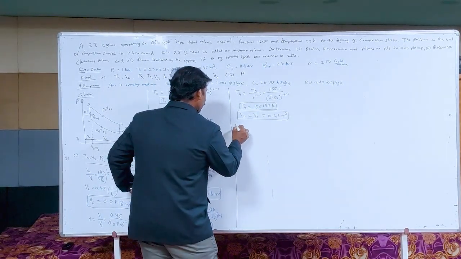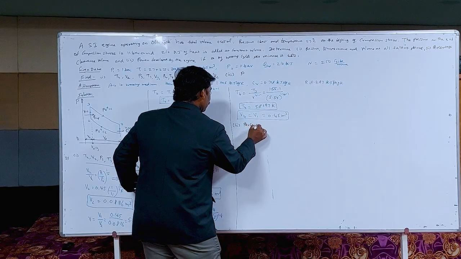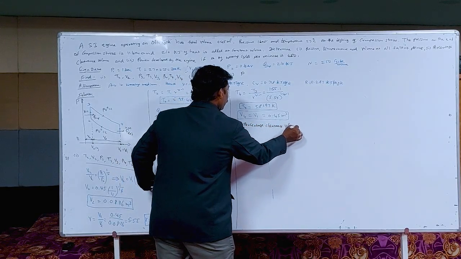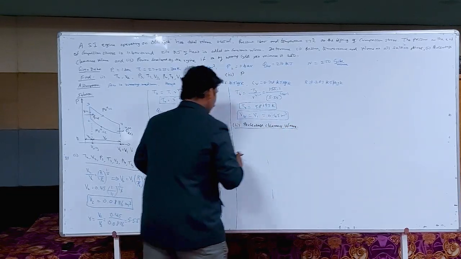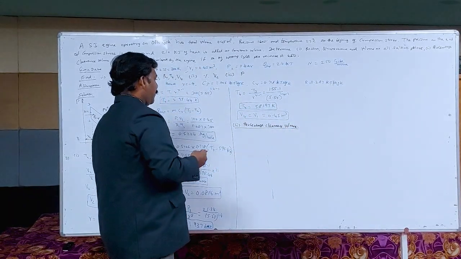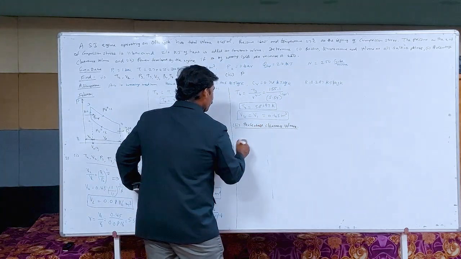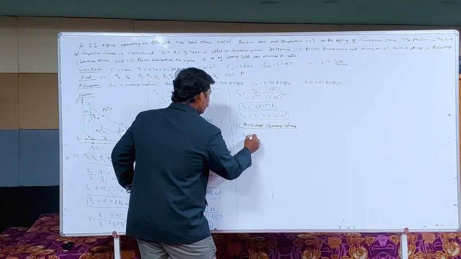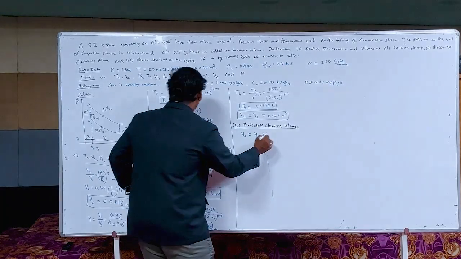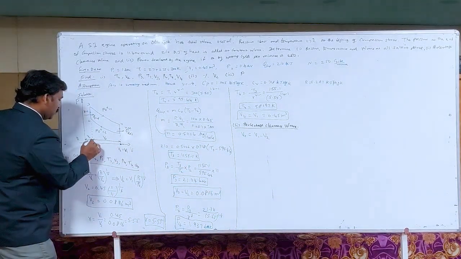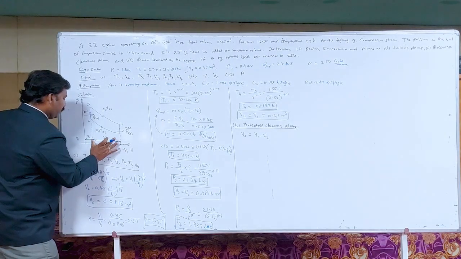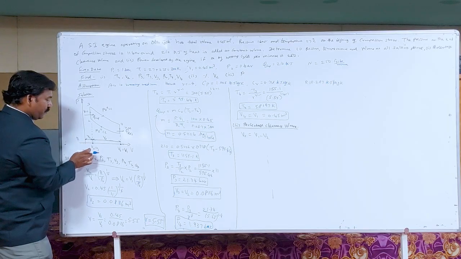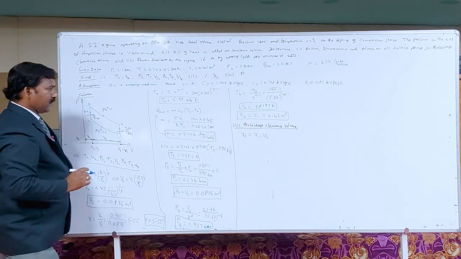The second one is the percentage clearance volume, for which we have to find out Vs first. Vs is equal to V1 minus V2, you can see here. So V1 minus V2 is the swept volume.